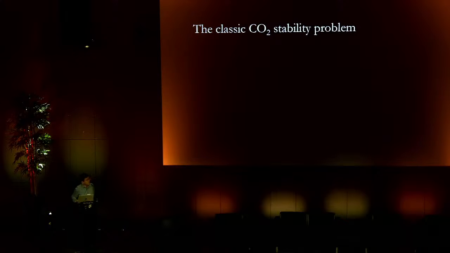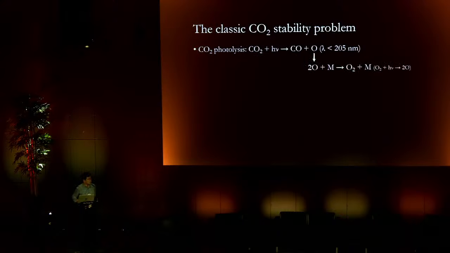Before we get started, I will introduce some basic concepts in Mars photochemistry. Mars photochemistry starts from CO2 photolysis by UV radiation with wavelengths shorter than 205 nanometers. Following that, the produced atomic oxygen can react with itself to form molecular oxygen.